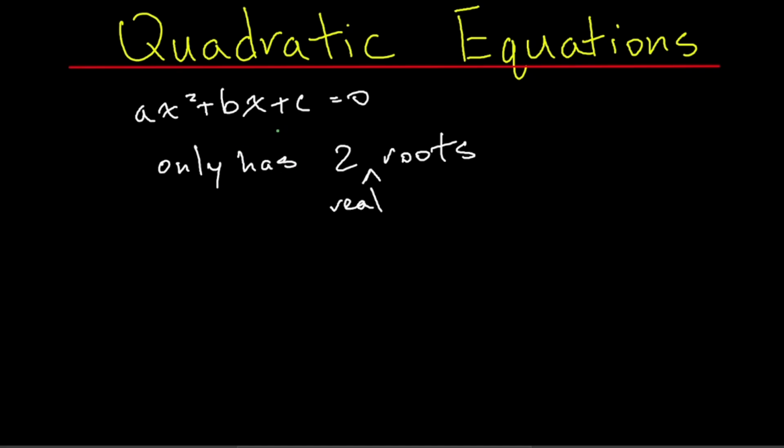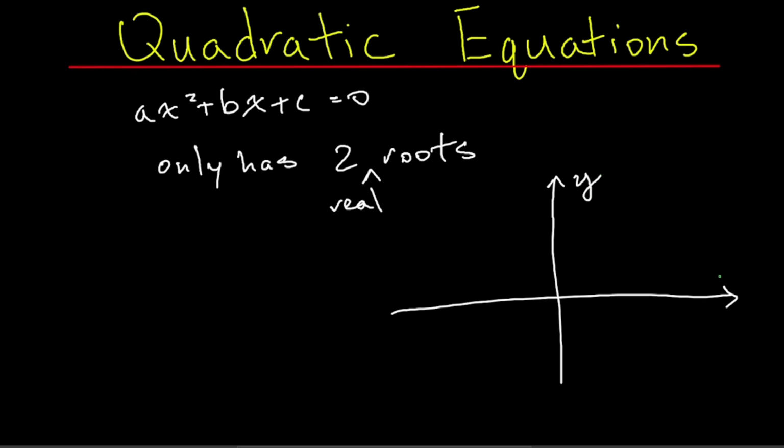Now, the quadratic equation, usually at this point, assuming we haven't covered complex numbers yet, and this video will be made mostly on the reals, some quadratic equations won't have a root. Now, as you can see, if I were to draw the graph of, let's say, just a random quadratic equation, right? If that was the y-axis, this is the x-axis, and this is obviously the point 0, 0, right smack in the middle there.